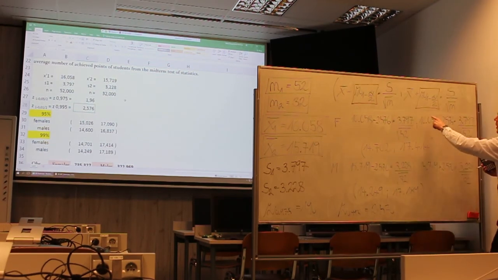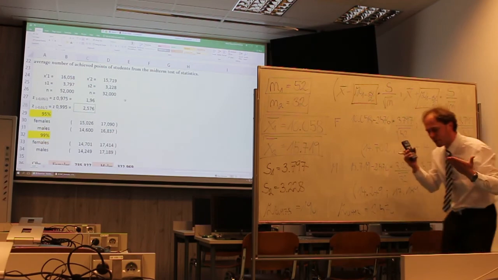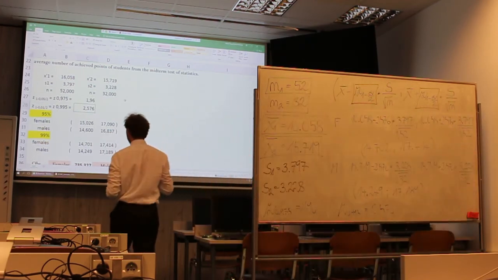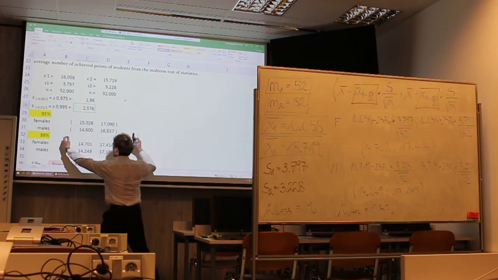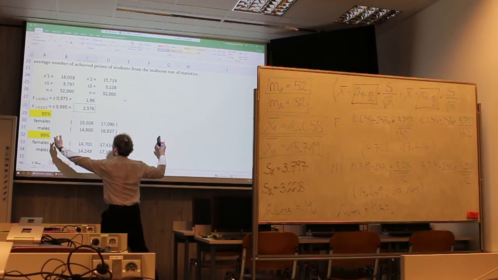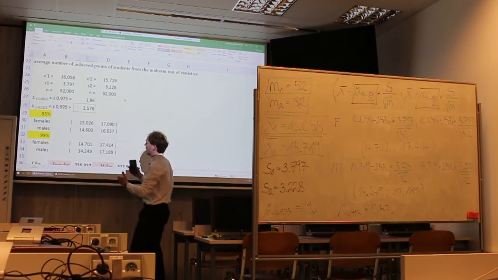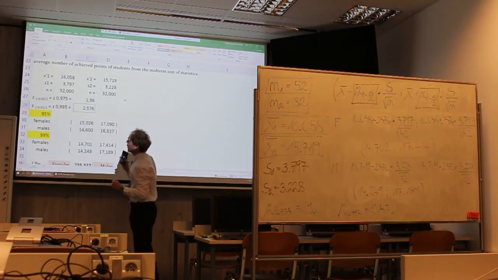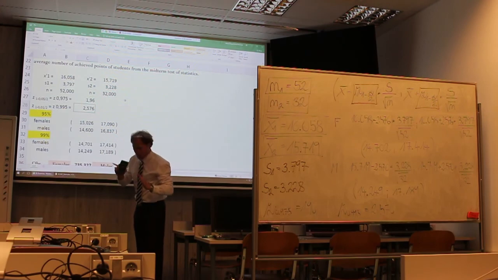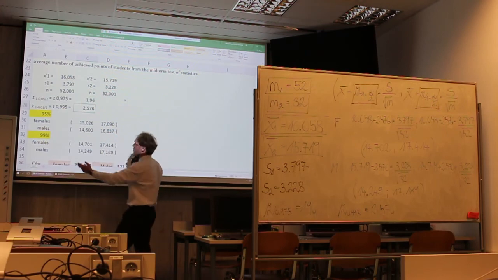There is the point estimate, average, plus a higher value than before. So you can see that in the case of 99% confidence, the confidence interval is larger, and it is tinier if you are using less confidence. The same for males.